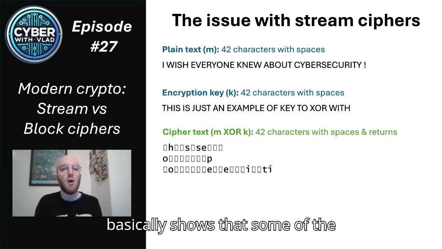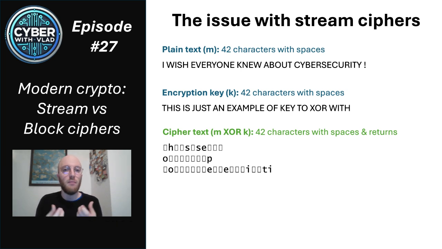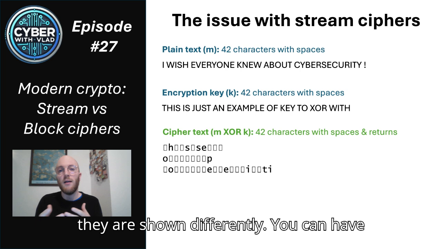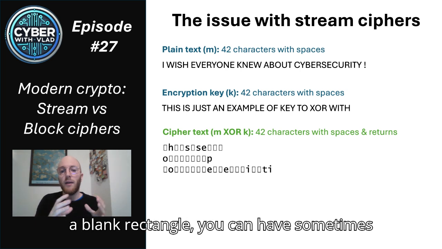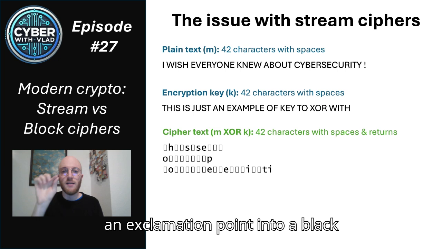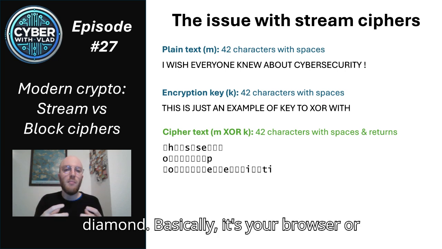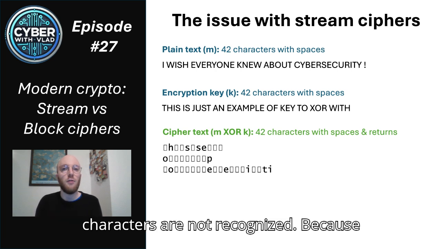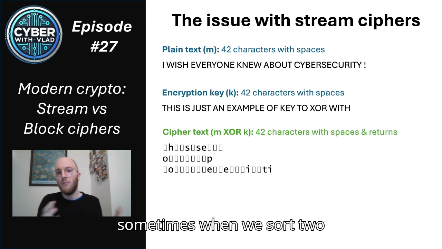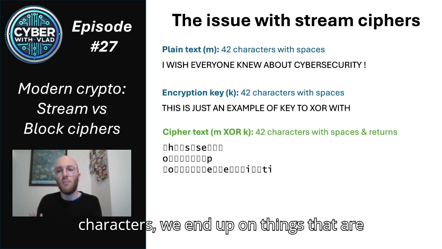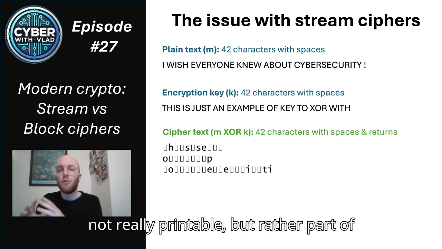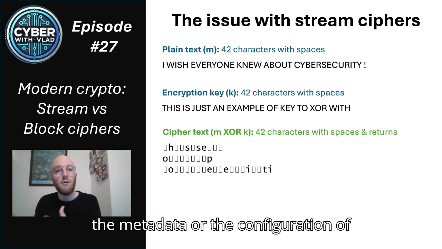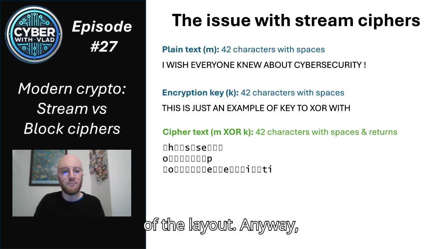It shows that some of the characters were not recognized by my browser or by PowerPoint. Sometimes those characters are shown differently: you can have a blank rectangle, or an exclamation point in a black diamond. It's your browser or text software showing you that those characters are not recognized, because sometimes when we XOR two characters, we end up with things that are not really printable, but rather part of the metadata or the configuration of the layout.